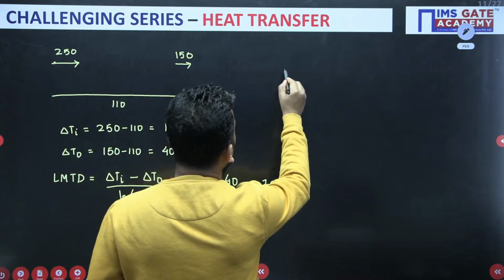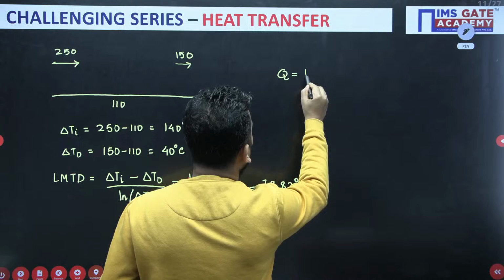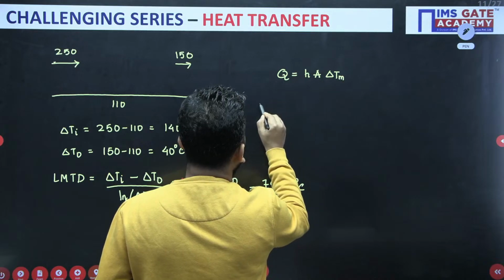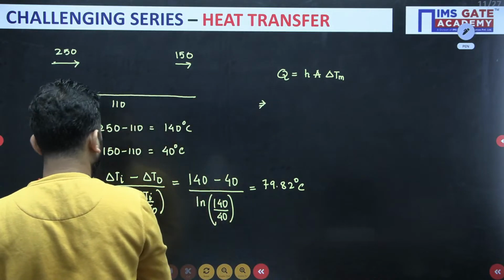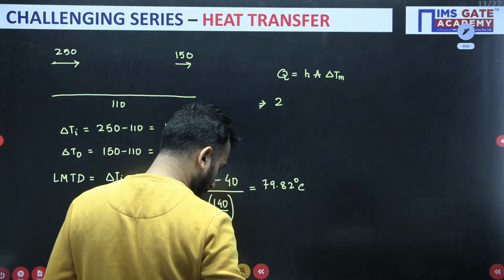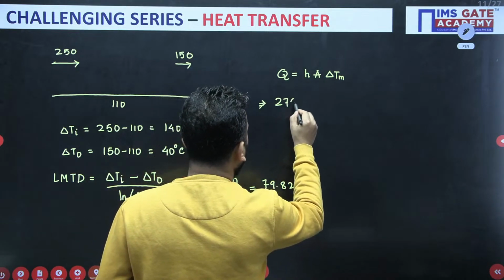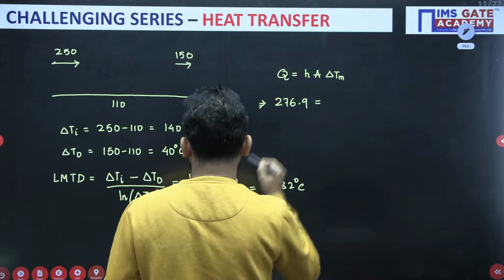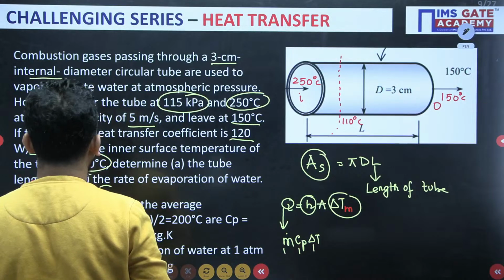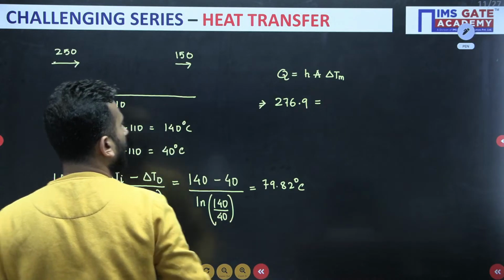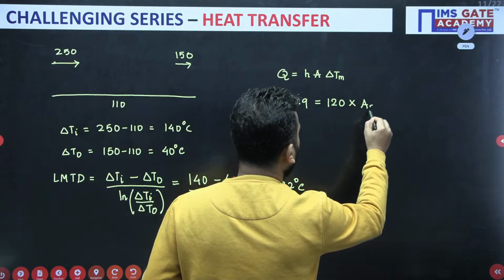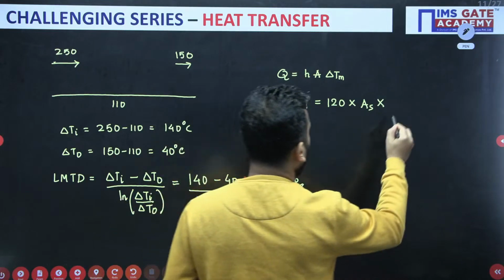Now Q is equal to H A delta Tm. Q we have found out, 276.9. What is H? H is 120. Area we have to find out, and delta Tm is 79.82.